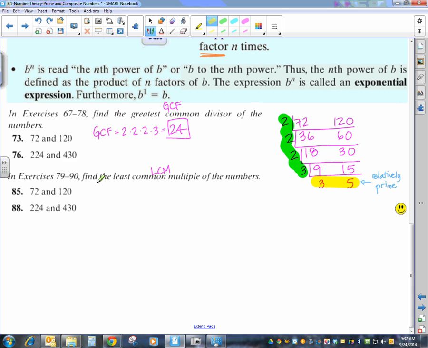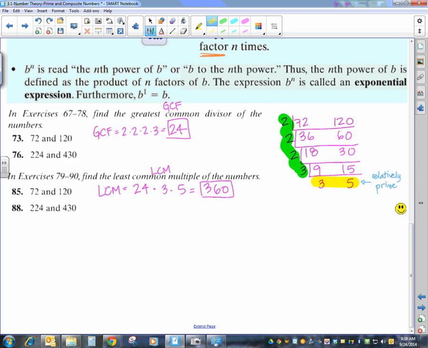So in this particular example, to find our LCM, we're going to take that greatest common factor of 24 and multiply it by what's left. So 24 times 3 times 5 with your handy dandy calculator is going to be 360.